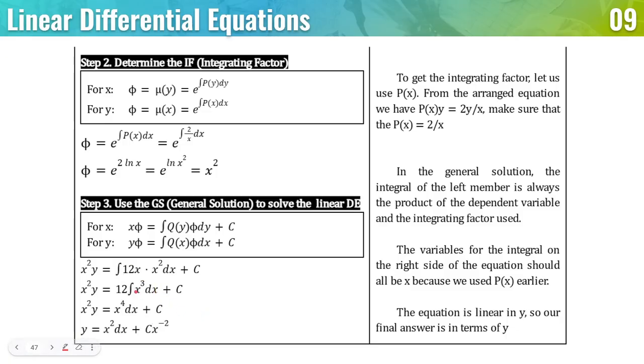So this is going to become x raised to 4 over 4 times 12. So this is supposed to be 3 times 4x dx.